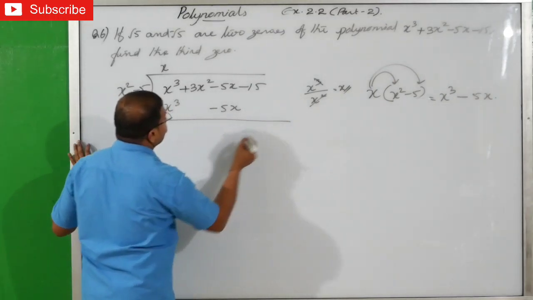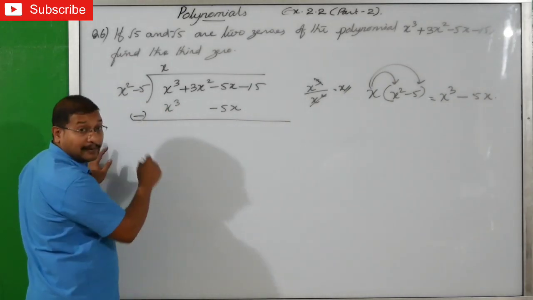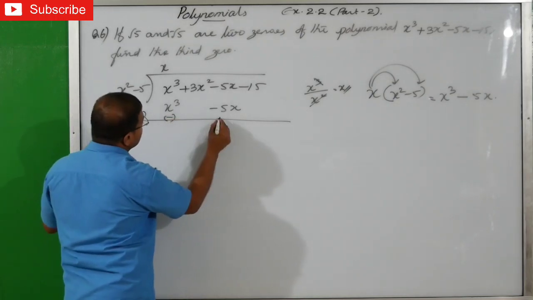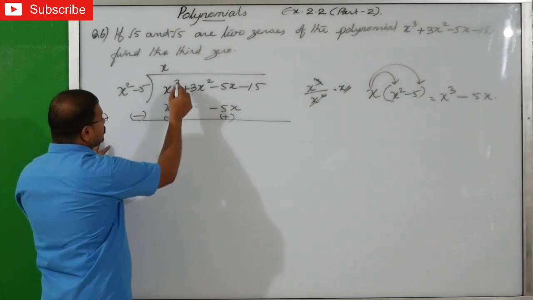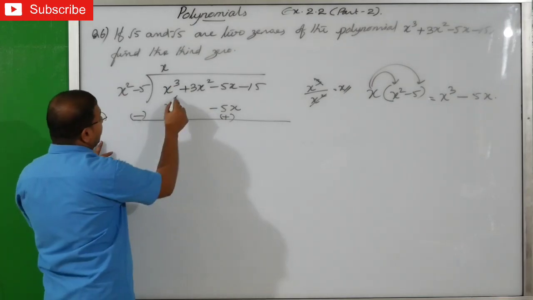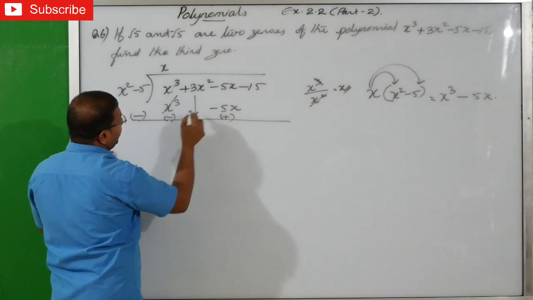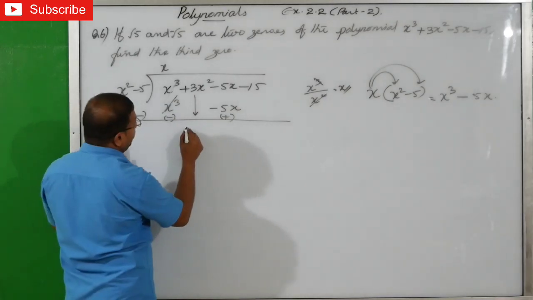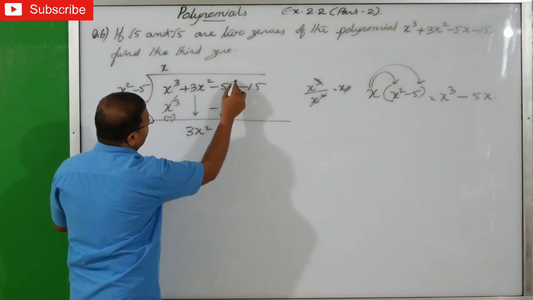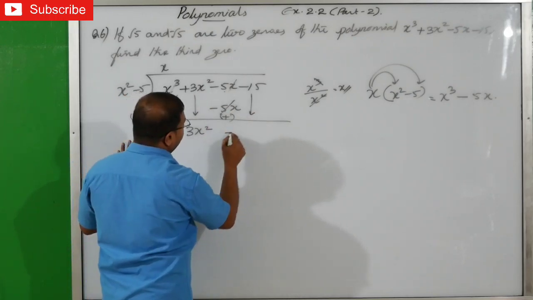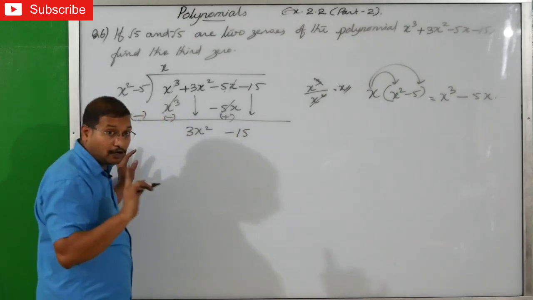Now we will minus it, isn't it? We will minus it. That means here minus. This minus into minus will be plus. Now x cube minus x cube will cancel. This 3x square will bring down. The sign will not change. 3x square. This minus and plus will cancel. This minus 15 will bring down. The sign will not change.